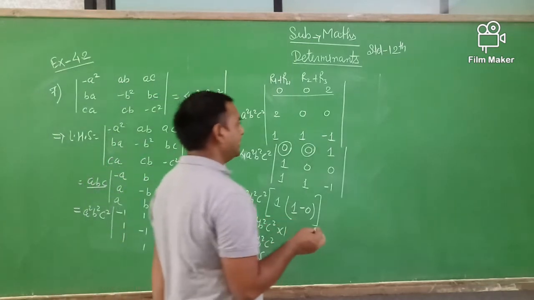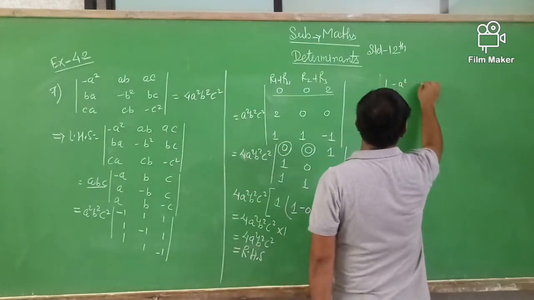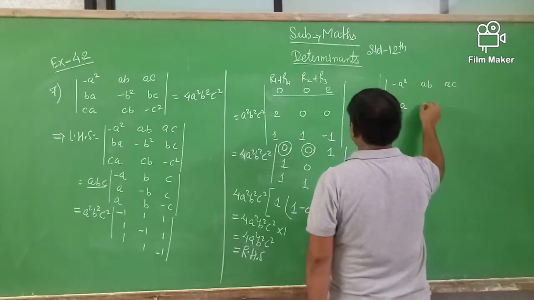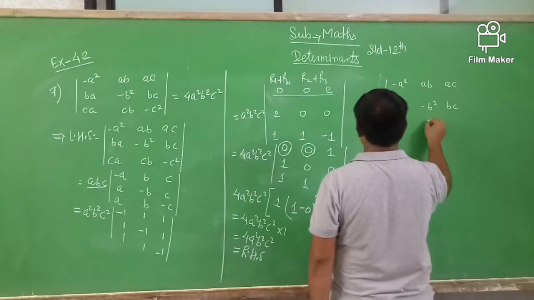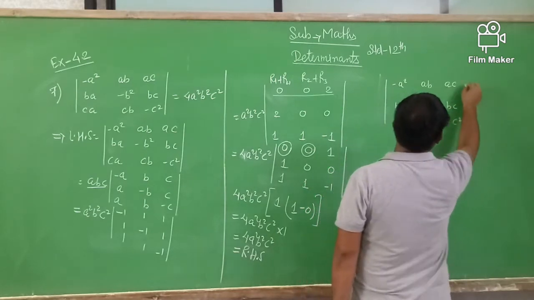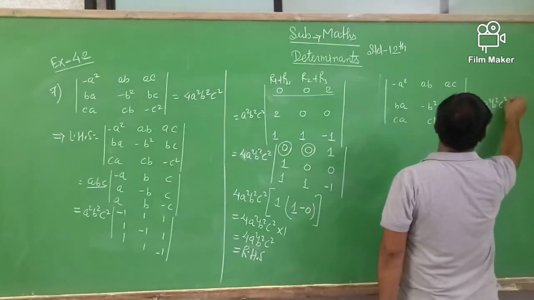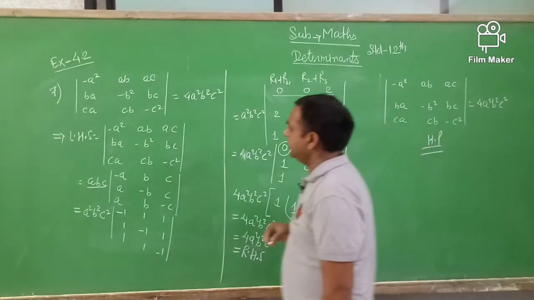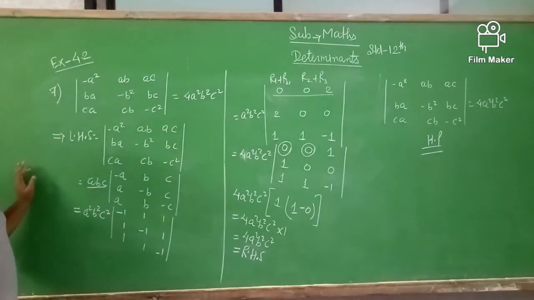So you can say that the determinant minus A square, AB, AC, then BA, minus B square, BC, and then CA, CB and minus C square is equal to 4A square, B square and C square, and hence it is proved, using the property of determinants.